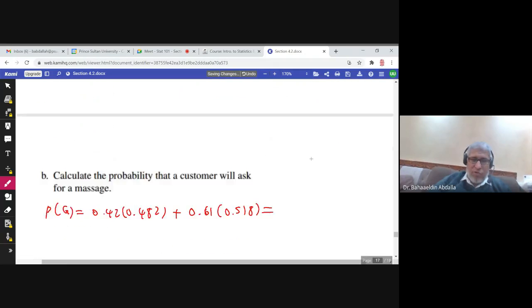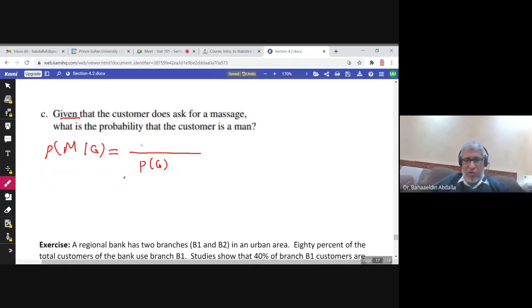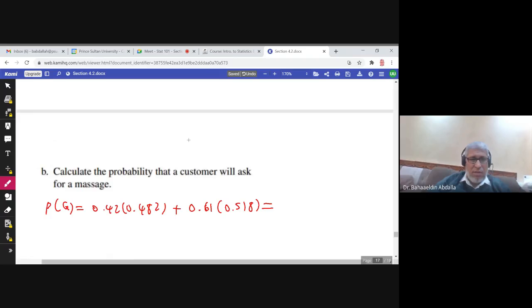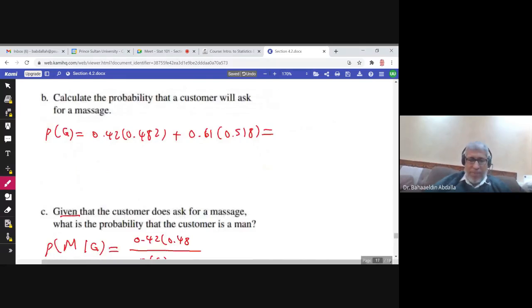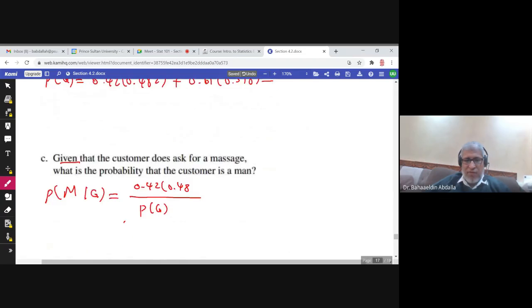Now for men, this is 0.42 times 0.482. This is the probability of M and G.